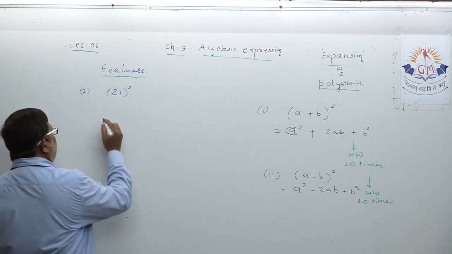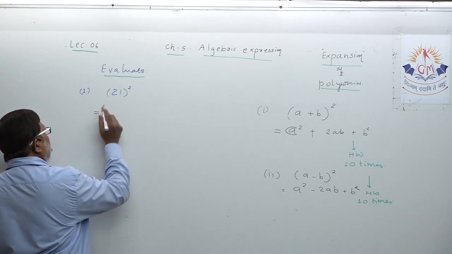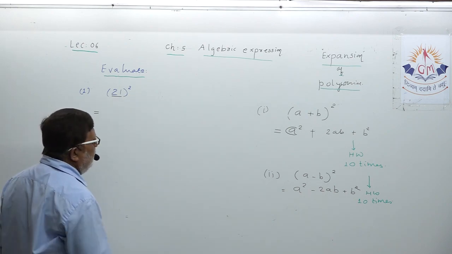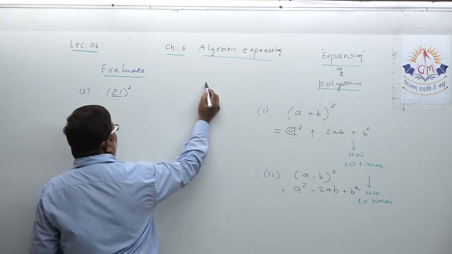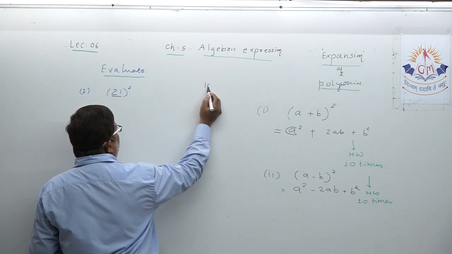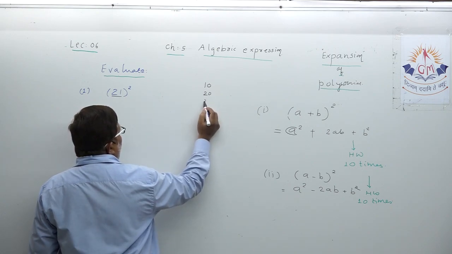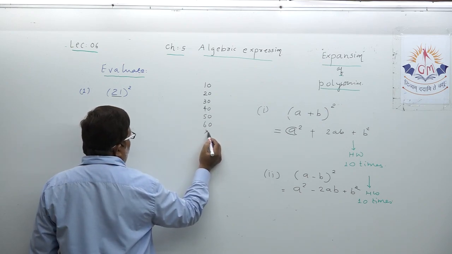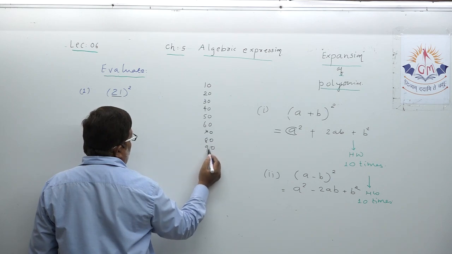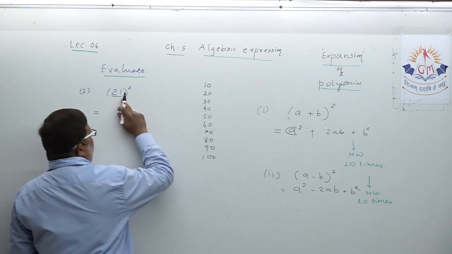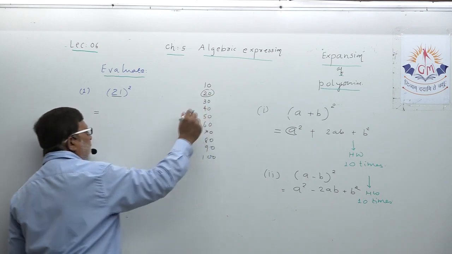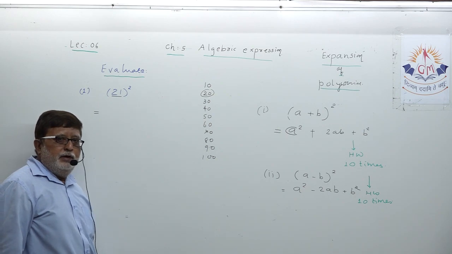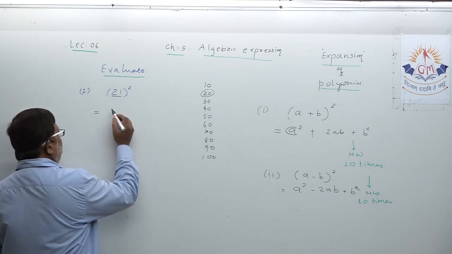So what should I do, dear student? First, I have to split this number into two numbers, considering numbers nearer to it. First you list out the zero numbers: 10, 20, 30, 40, 50, 60, 70, 80, 90, 100. This number is nearer to 20. Understood? 21 square is nearer to 20.